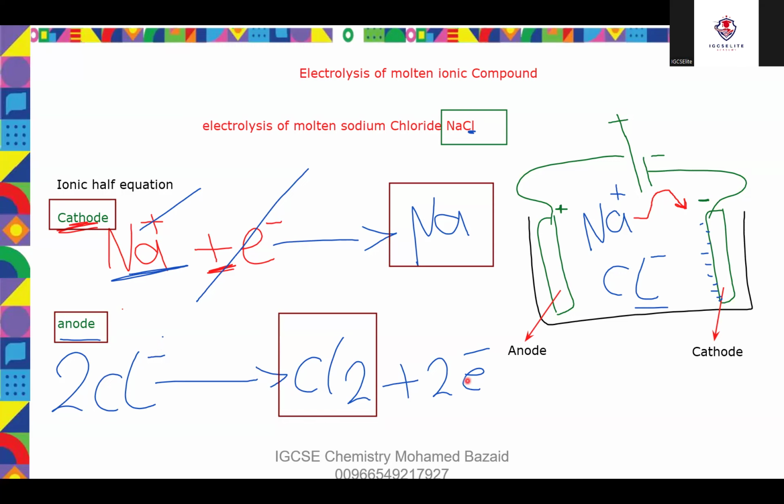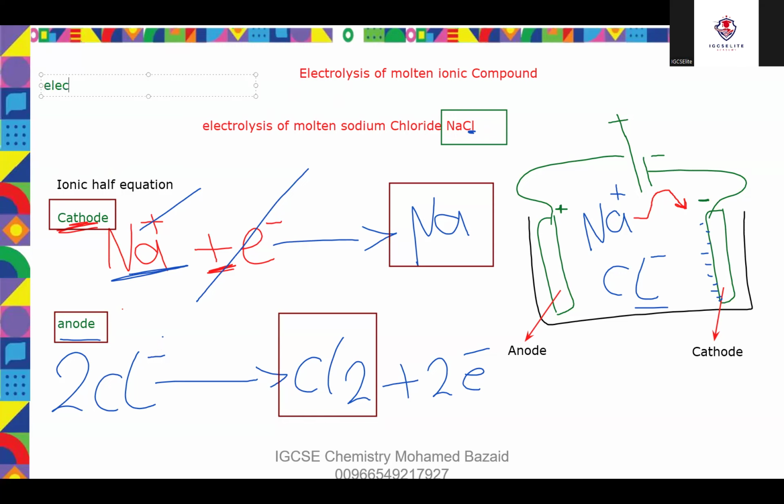Are you ready for a similar example to check your understanding, to check if you understood my idea or not? Okay, I did electrolysis of NaCl. My question for you, follow the same rule, the same steps.